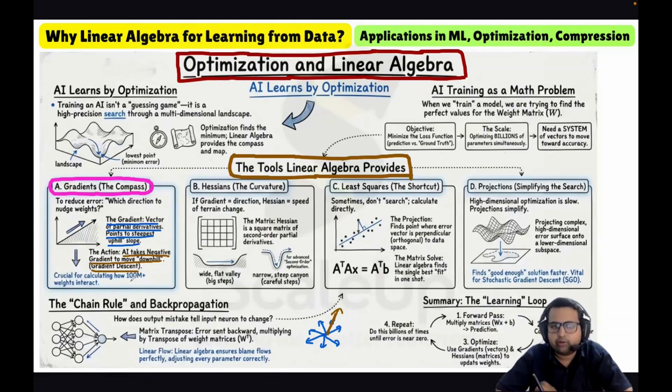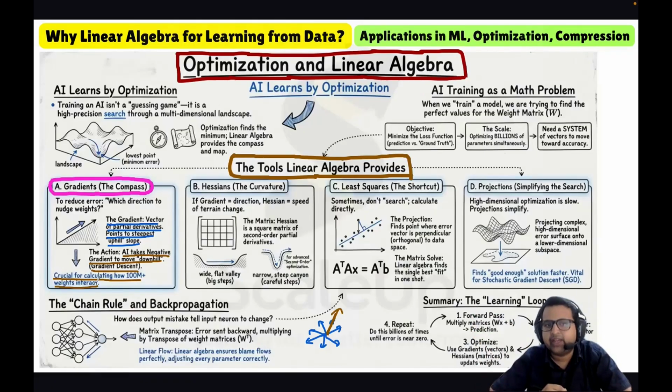Without vectors, without this gradient, we could not calculate how 100 million weights interact to affect a single result. Because of this mathematical tool, a vector of partial derivatives pointing to the steepest uphill slope, we can very easily find the direction in which we should move.